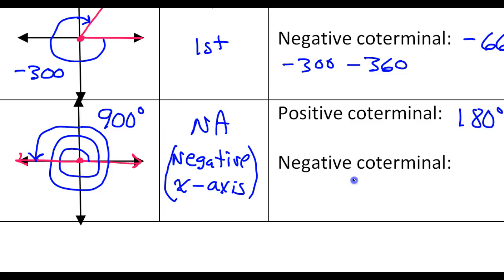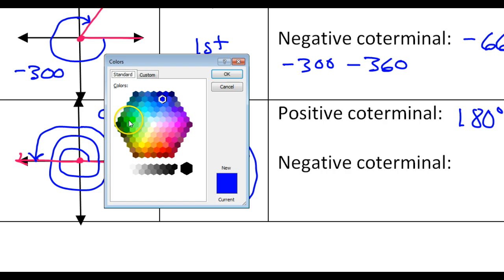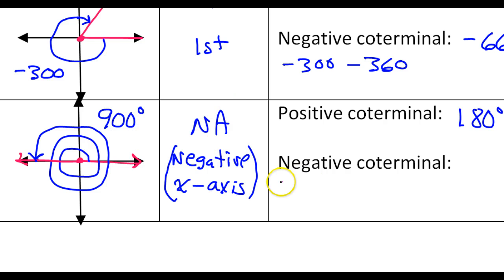How about a negative coterminal angle? Same thing, common sense. First of all, understand that I can't just simply go 900 minus 360 because that's not going to give me a negative number at all. That would give me another positive coterminal angle.